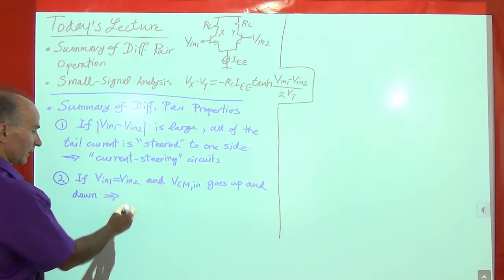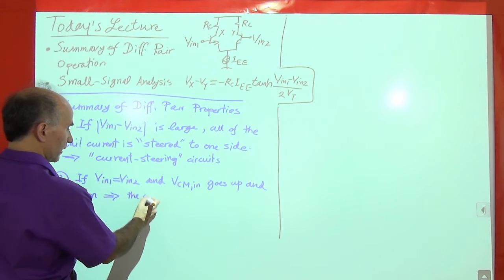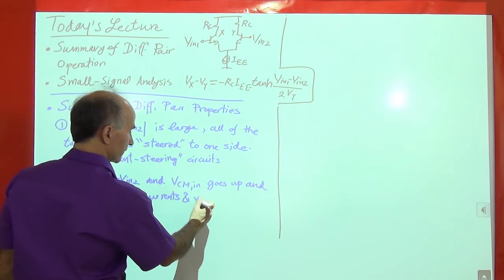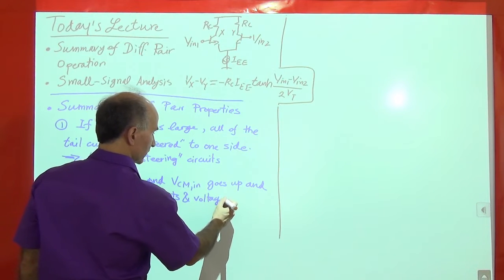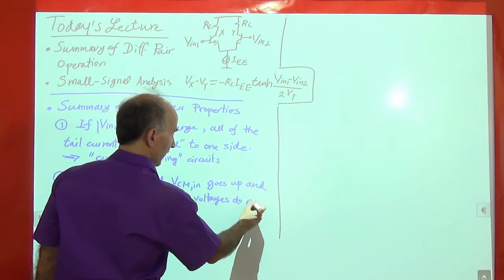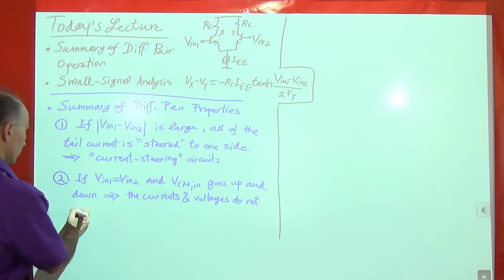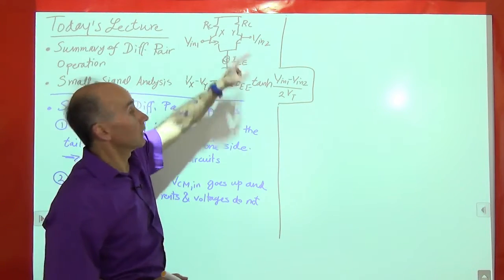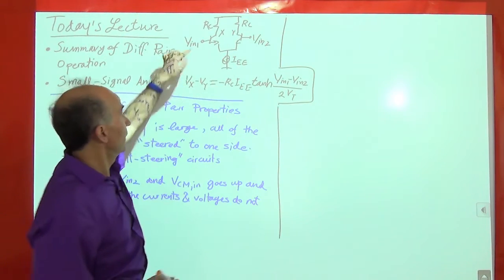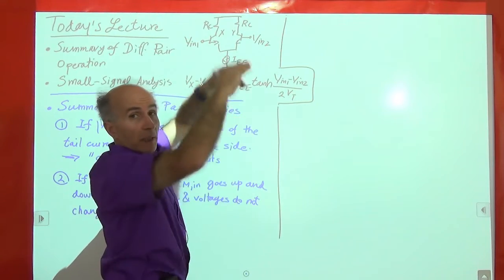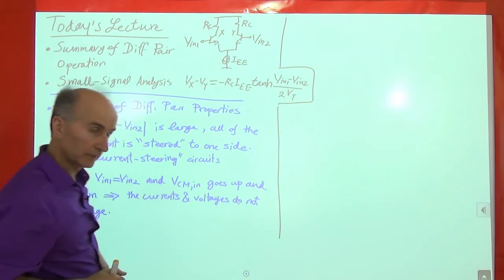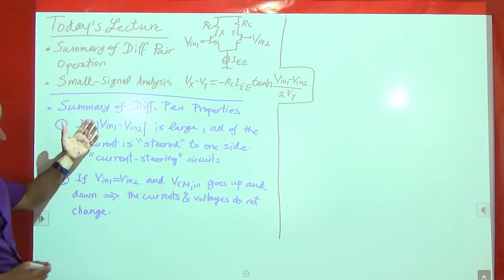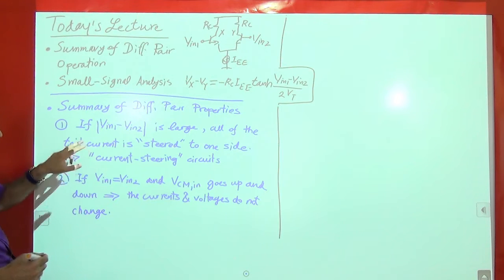We saw that the currents and voltages do not change, right? Because the currents on the two sides are equal, the voltages on the two sides are equal, and this current splits equally. So even though the DC level of these two is going up and down, nothing changes. So we articulated this result as: the circuit responds to differential inputs.